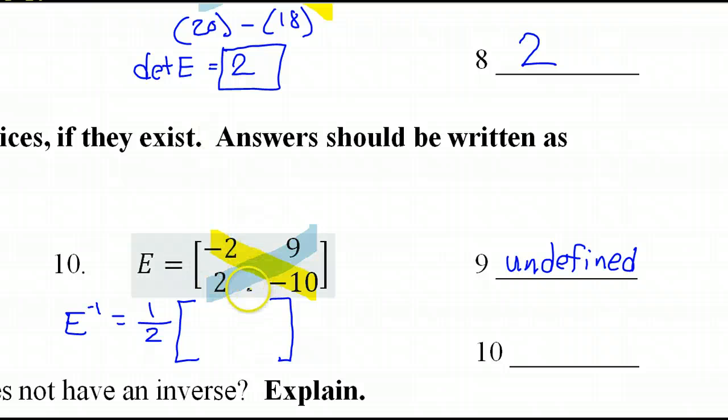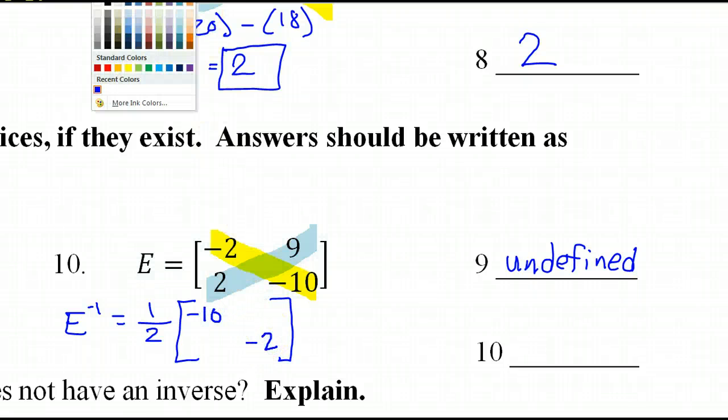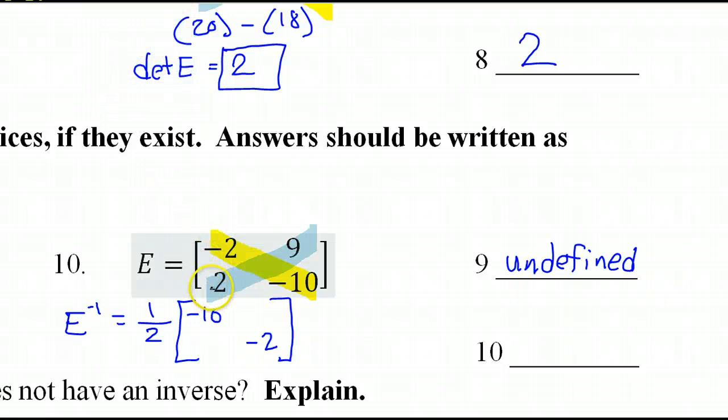Reversing the down diagonal means switching these, so that's why I'm going to have -10 and -2. Negating the up diagonal means changing the signs of these, so that'll be -2 and this will be -9.